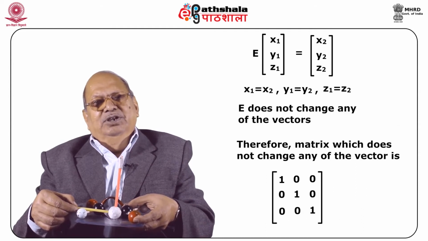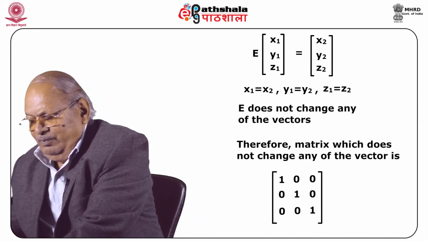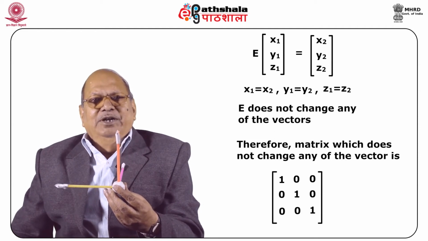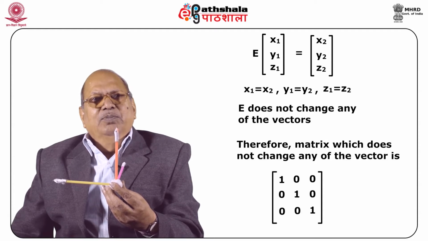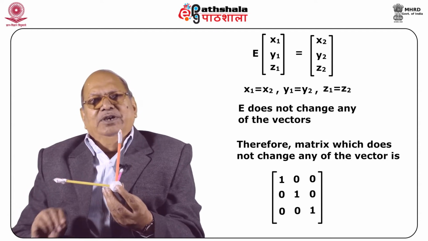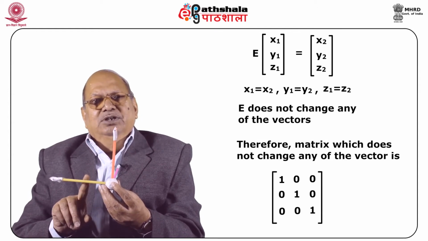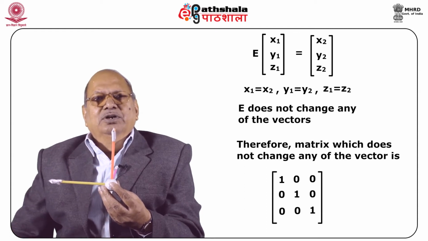Now let us see the effect of the E operation on these vectors. What happens if I perform the E operation on this? The E operation means I am not doing anything to the molecule. It means this vector, this vector, this vector do not change.